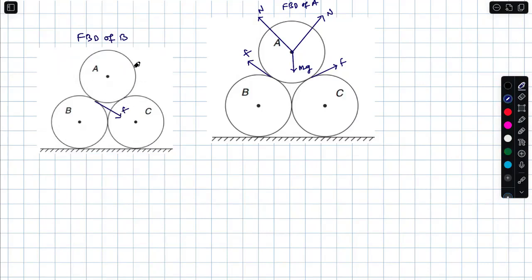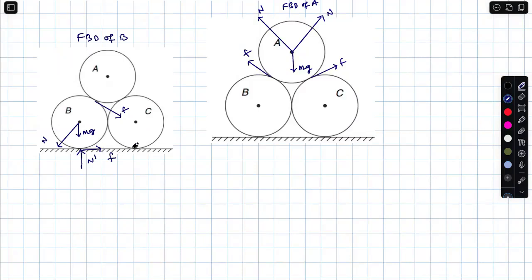Reaction will be like this, N. And you will have weight. Let N dash be the reaction of the floor. I am drawing the free body diagram of B only.